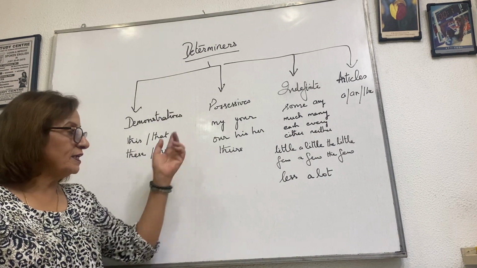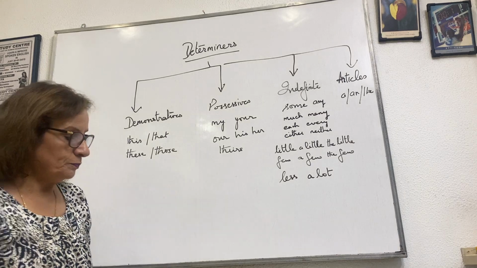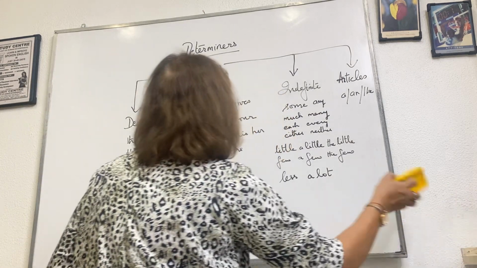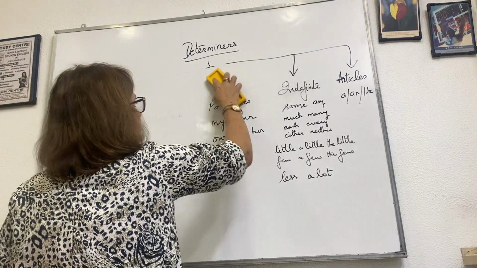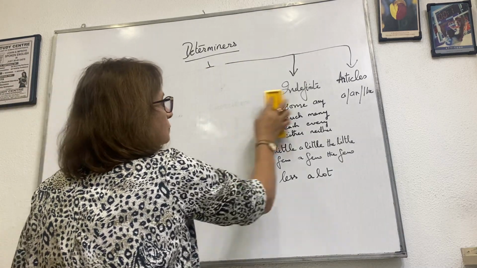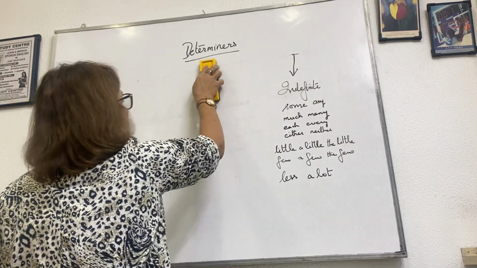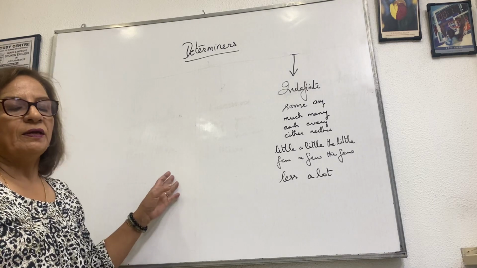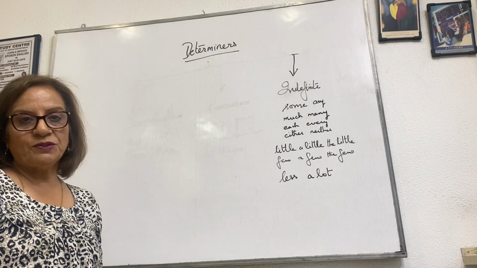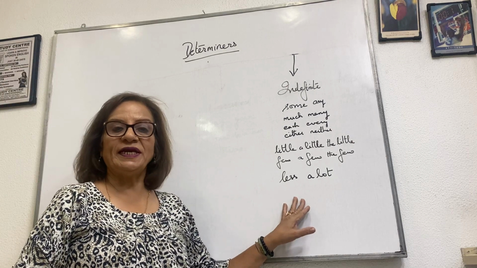Now I will take the indefinite. Articles, pronouns and adjectives you can look up in my previous videos, you will find all of them there. Today we will talk only about indefinite.